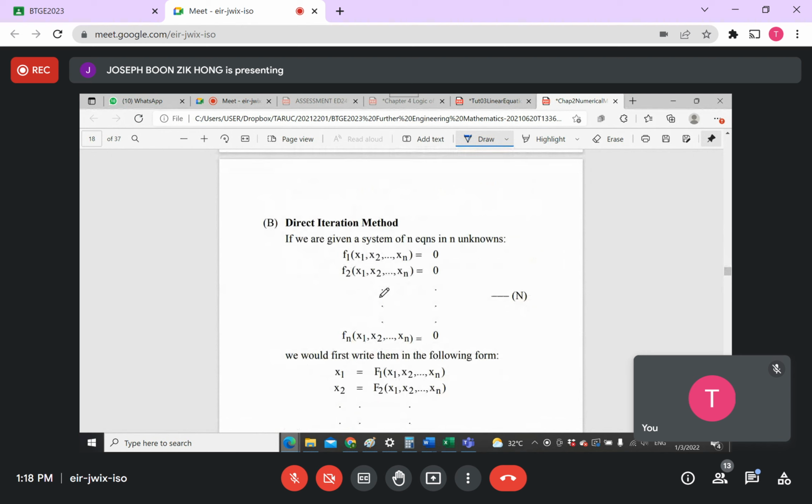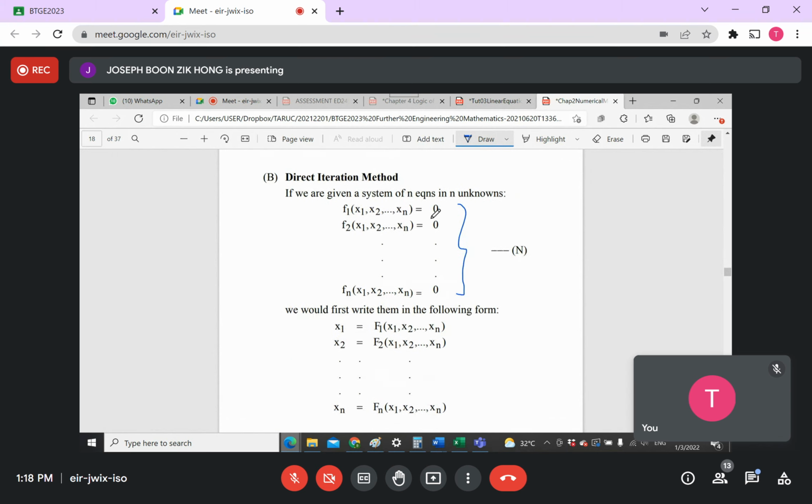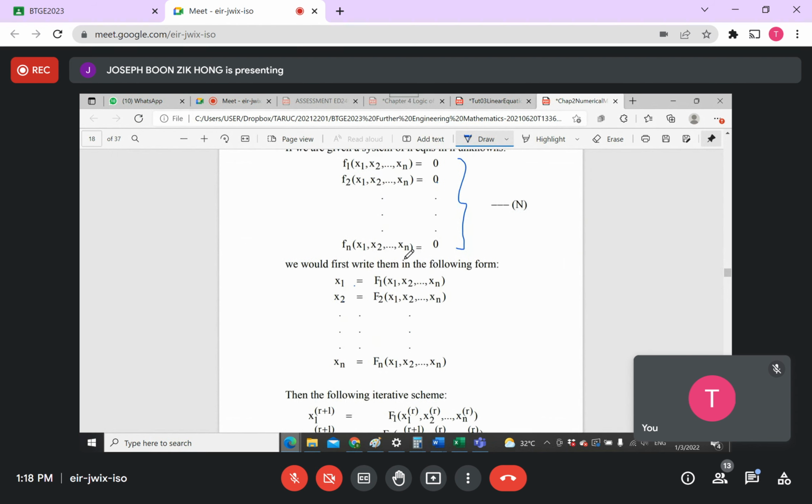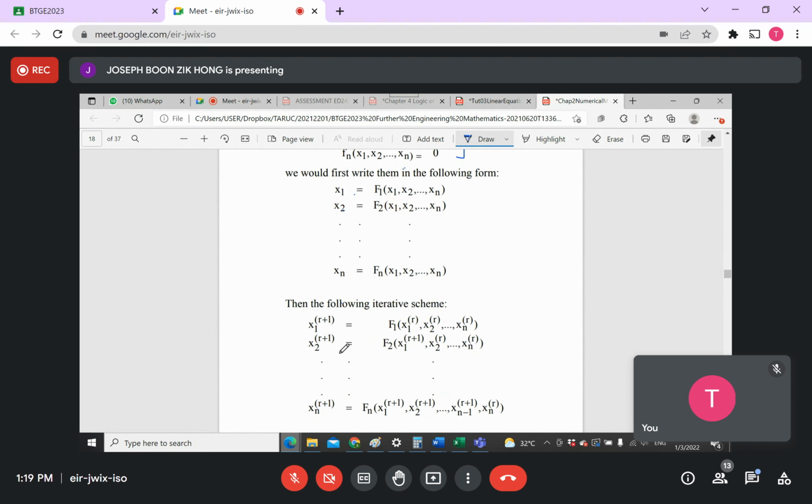And then the direct iteration method. Firstly, let's say we have this equation. Then we try to write, from the first one I get x1, from the second one I get x2, until the last one I get xn, depending on how many equations you have.